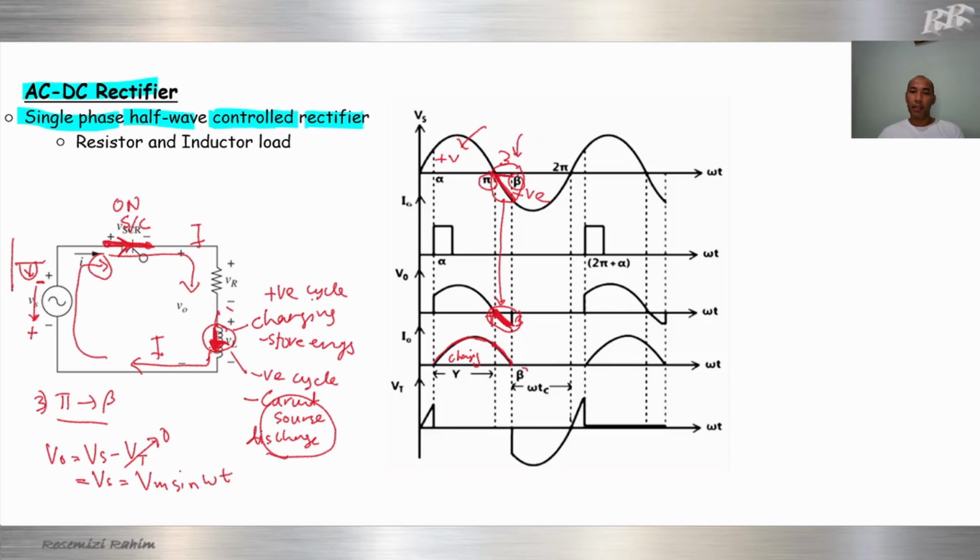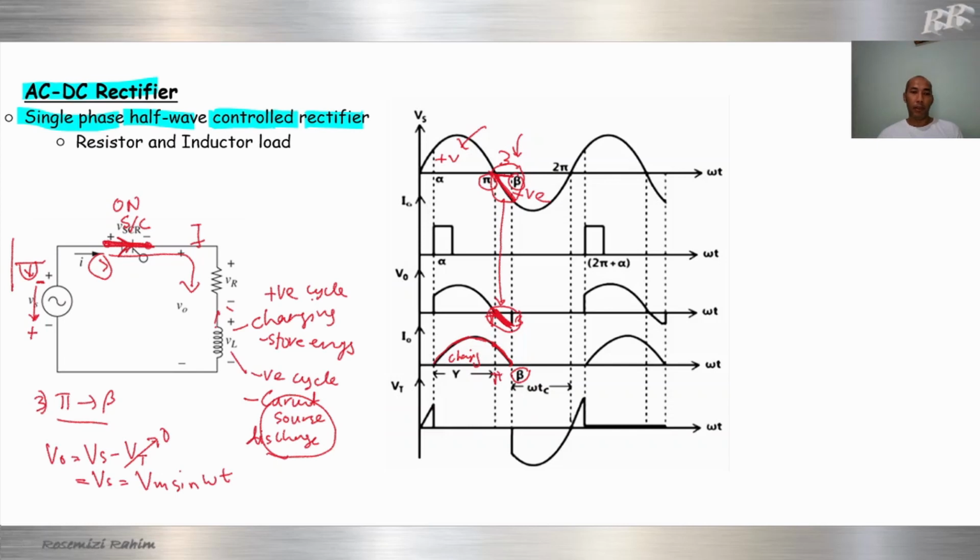At beta, the energy will be empty. After beta there is no current supplied by the inductor, and it becomes an inductor again. Before this, it was a current source. Now the current source changes to inductor because there is no energy anymore. That is during pi to beta.